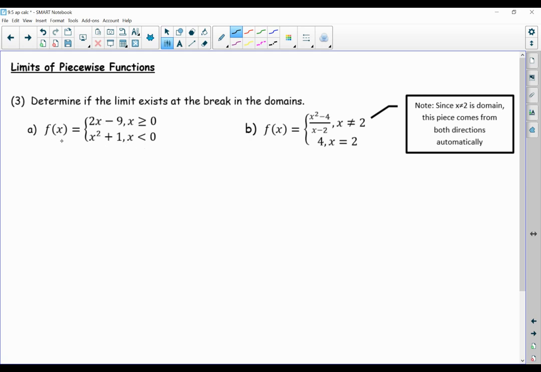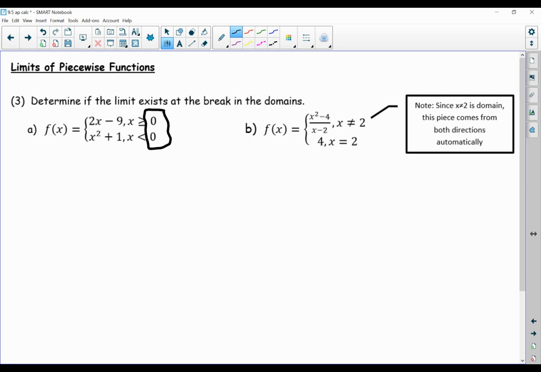So you can see this first function, f of x, is a linear function with a slope of 2 for x's that are greater than or equal to 0, and a quadratic or parabolic function here that's been shifted up 1 for everything less than 0. Now, if you can picture these graphs, I know that a line is a continuous function, and I know a parabola is a continuous function. That means the limit is going to exist at all of those places in that graph everywhere. The only place where it may not exist is where the domain breaks at 0.